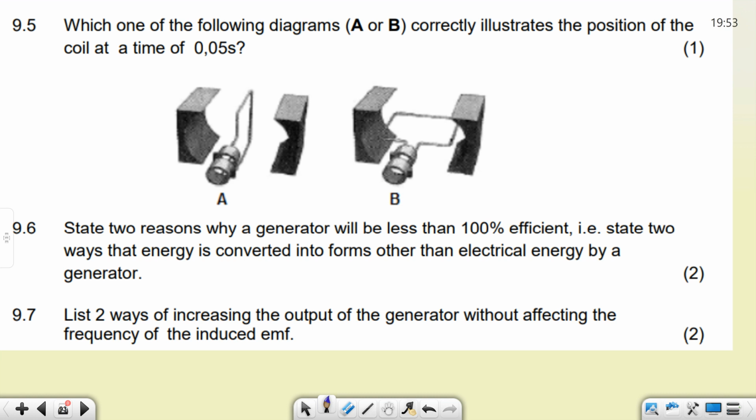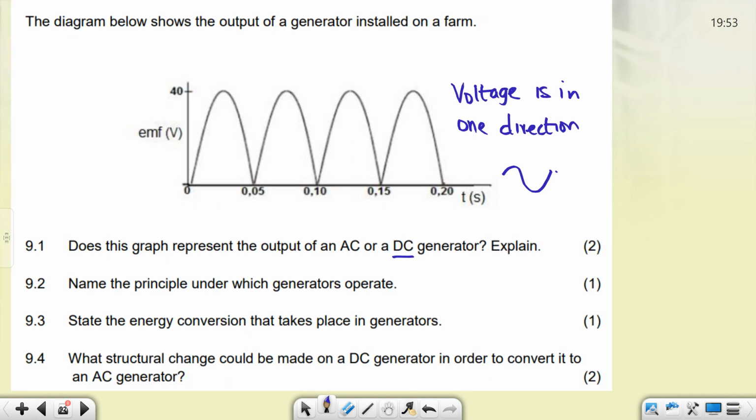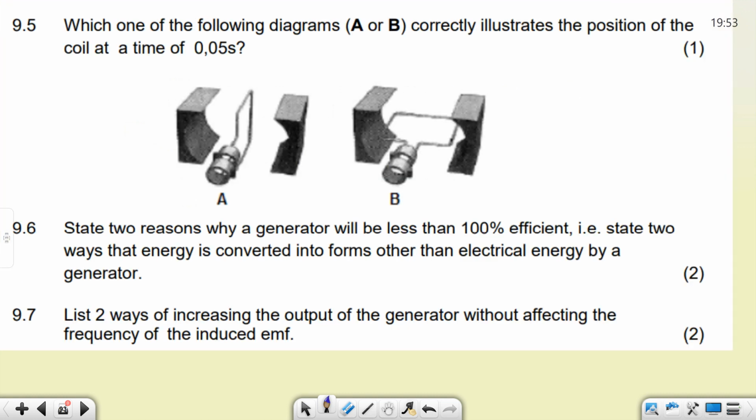Now, which of the following diagrams, A or B, correctly illustrates the position of a coil at a time of 0,05? Let's go check 0,05. What are we producing? We are producing 0. Which one is correct? A or B?